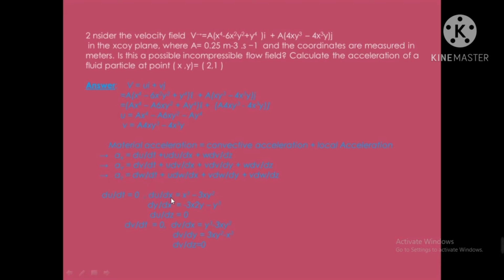With du by dt equal to 0, we get du by dx, du by dy, and du by dz equal to 0. After putting dv by dt equal to 0, we get dv by dx, dv by dy, and dv by dz equal to 0.